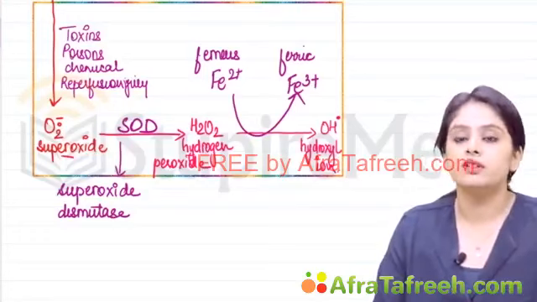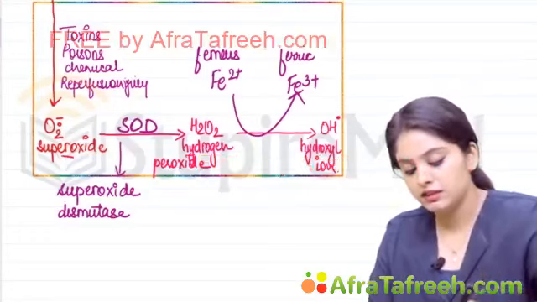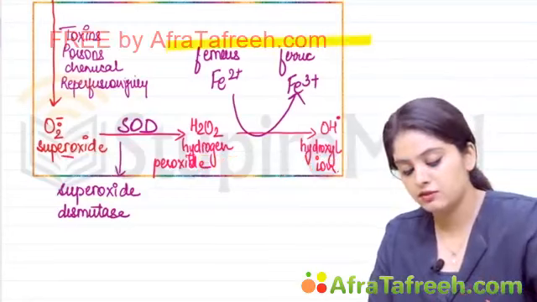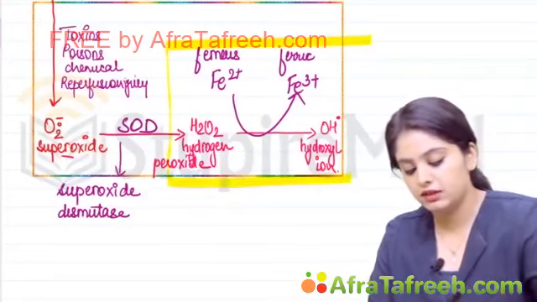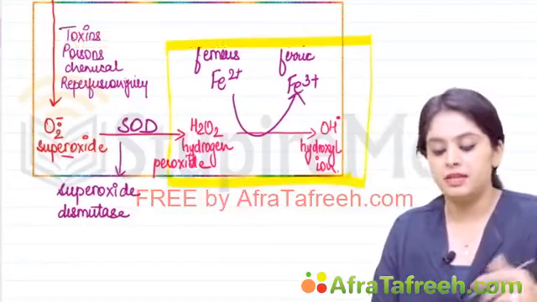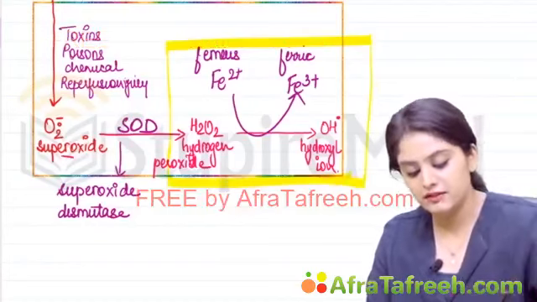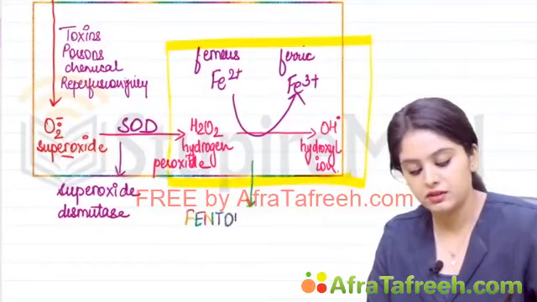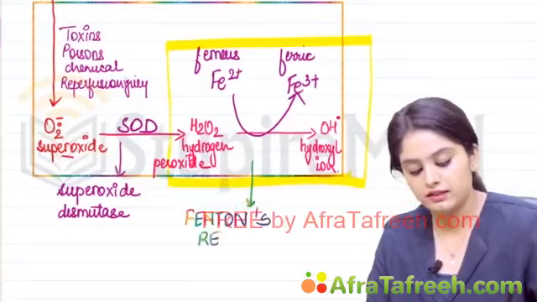This is a very important step, because this particular step, H2O2 going into hydroxyl in the presence of iron, has been given a fancy name known as the Fenton's reaction. This is known as the Fenton's reaction.